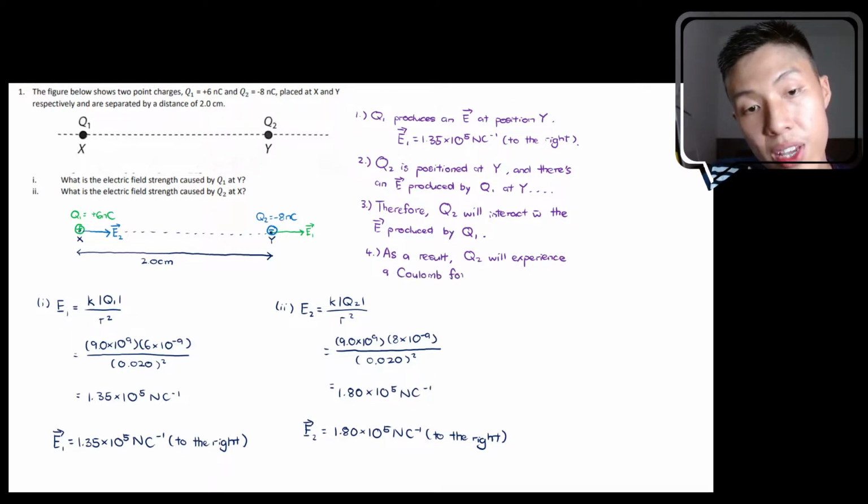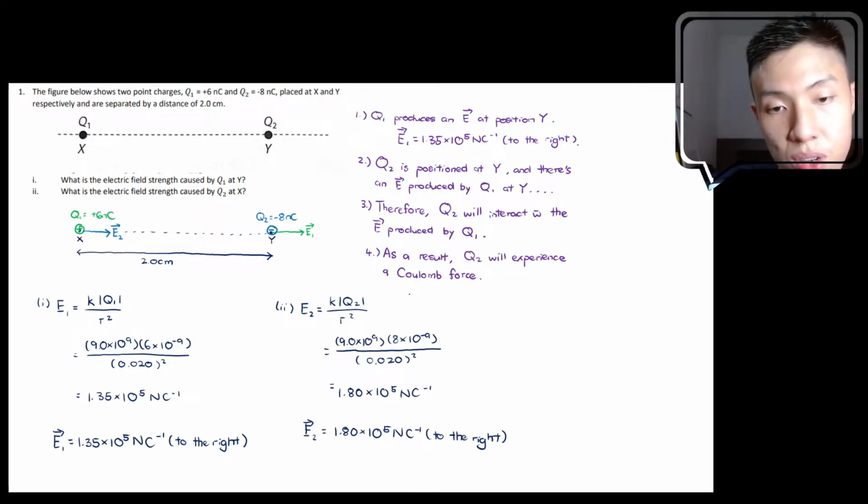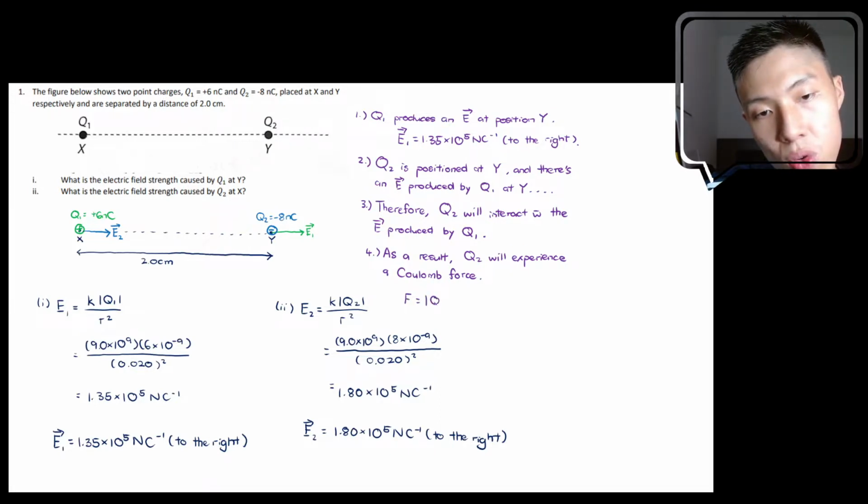Okay, so if they ask you to find the magnitude and direction of the Coulomb force experienced by Q2, then you can find the magnitude using F equals Q2 times E1. This is the electric field produced by Q1.